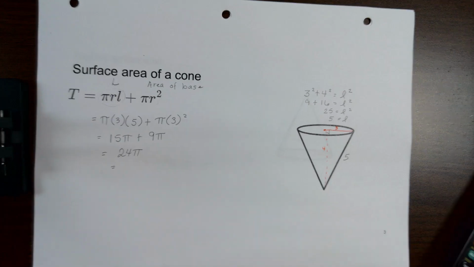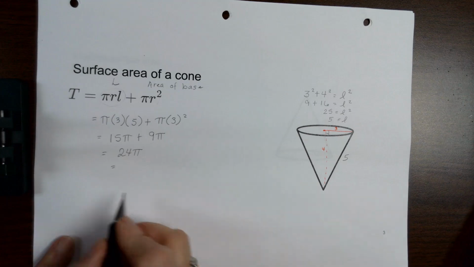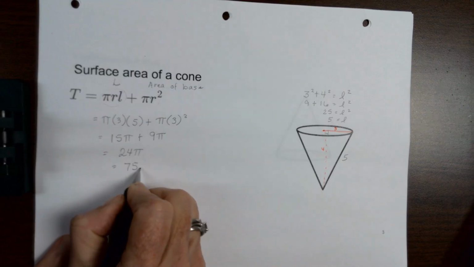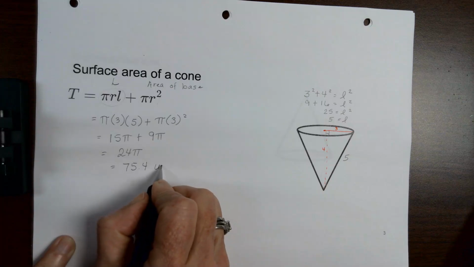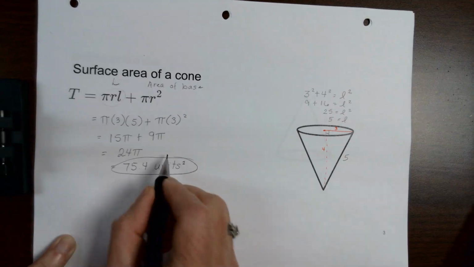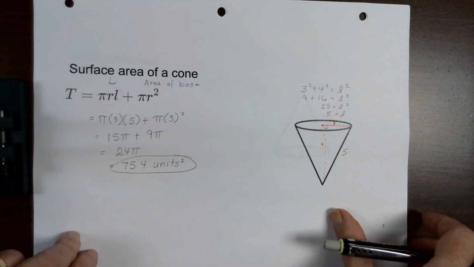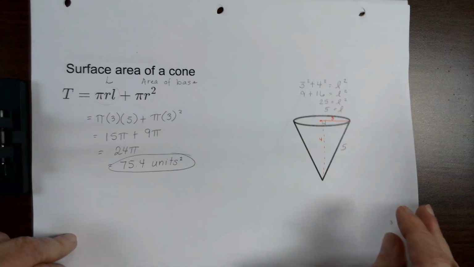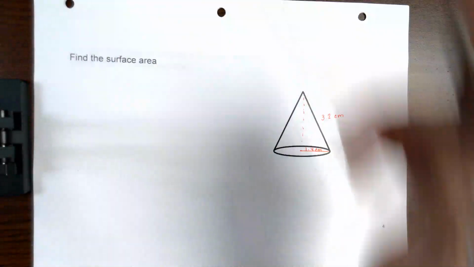And your value of that is approximately 75.4 units squared if I don't have units given. So it's a very simplistic formula. Okay, so let's do a few examples of it.